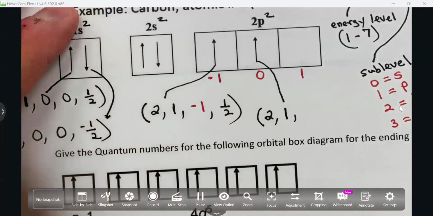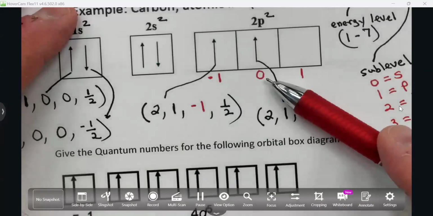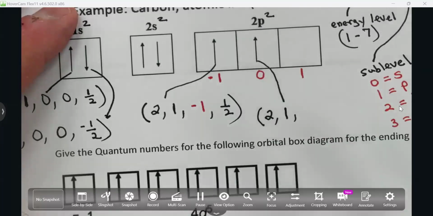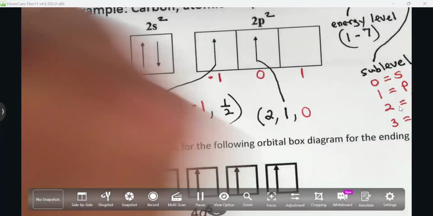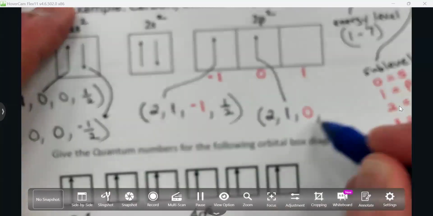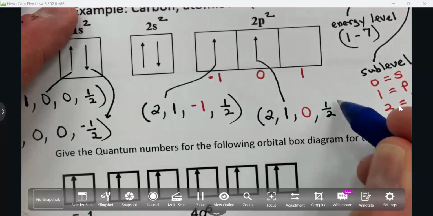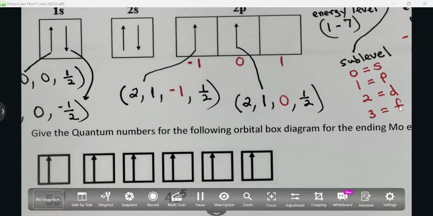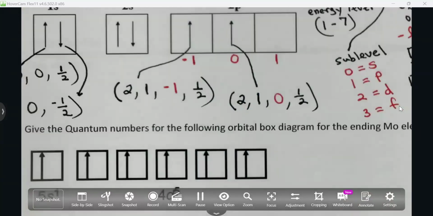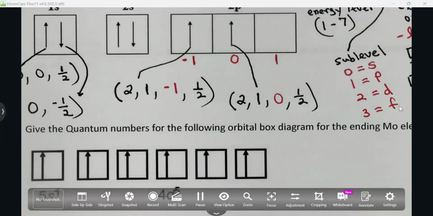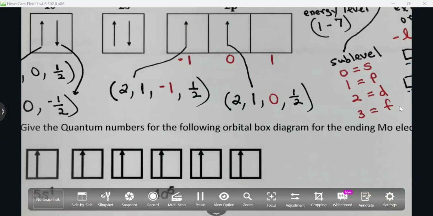My exact orbital is 0. And my spin, 1/2. Three out of the 4 numbers are the same, right? Three out of the 4 numbers are the same. Okay.